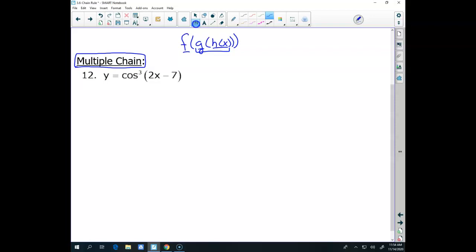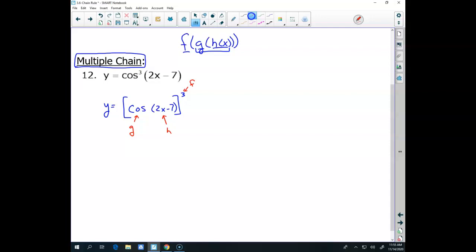Now, so you can see all 3 of these, I'm going to write it how most people would like to see this written, and I'm going to say a cube. So in this case, here's my function f, here's my function g, and here's my function h.